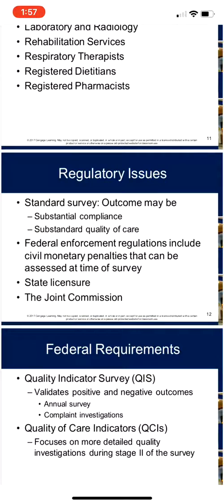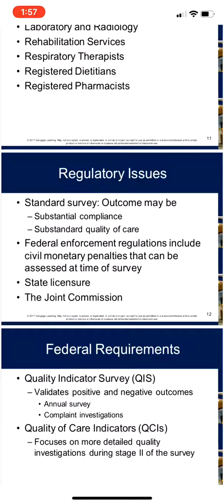So dropping down to the paragraph starting with, in 1995, federal enforcement regulations were implemented by the Healthcare Financing Administration, which used to be called HCFA, which is now CMS, outlines remedies including civil money penalties of up to $10,000 per day for findings of substantial noncompliance and substandard quality of care.